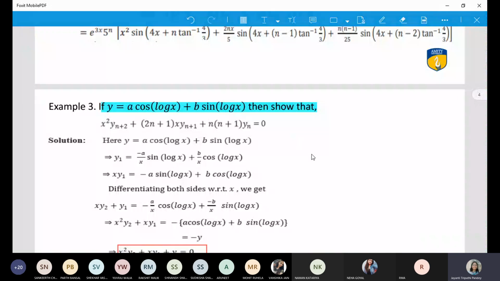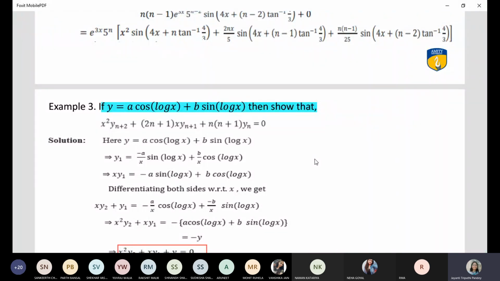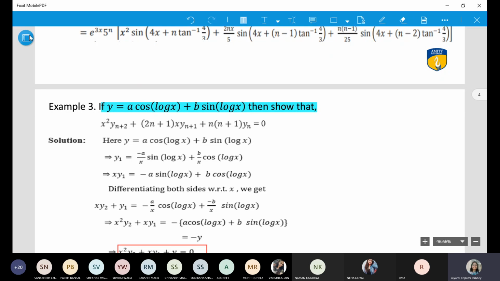There is one more question. I want you to go through this. Now I'll take a small question, then I'll take up this question. Okay. Write a question. First I'll take some small questions, then I'll take this.